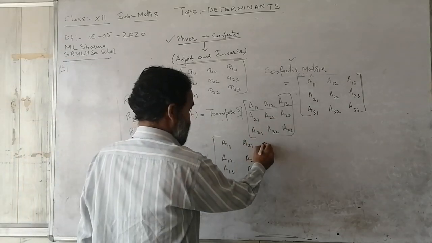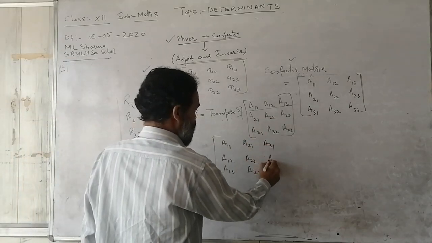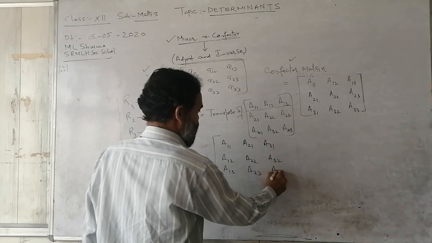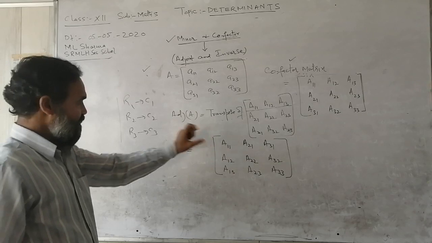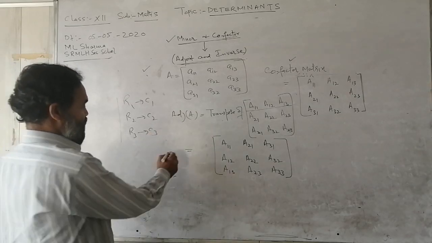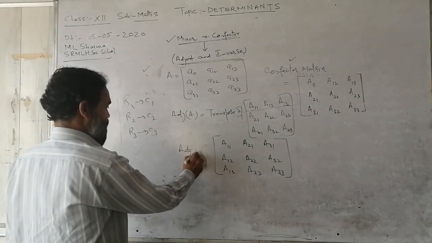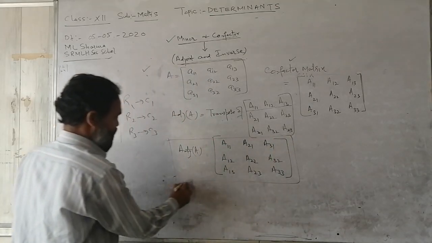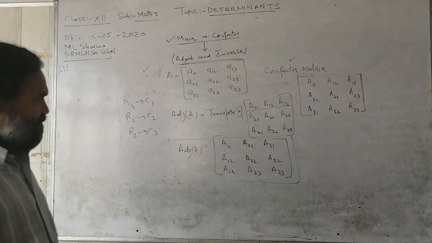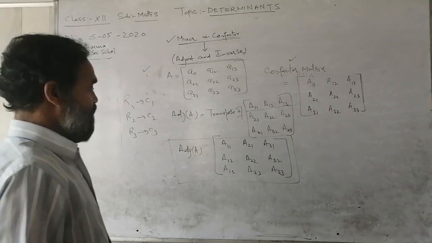So that means A31, A32, A33. So this is called the adjoint of A. So simply, the adjoint of a square matrix means the transpose of its cofactor matrix.